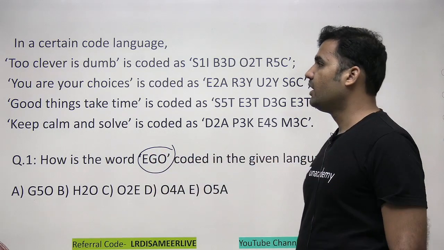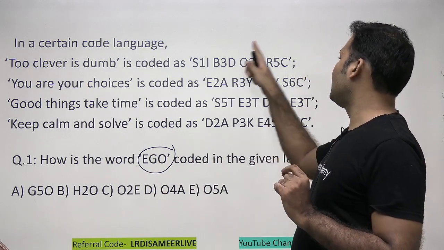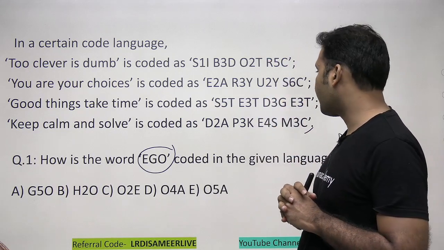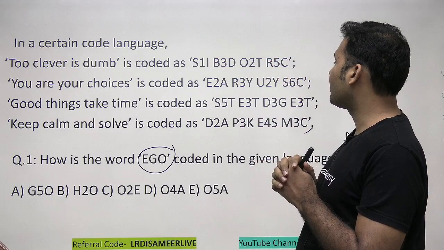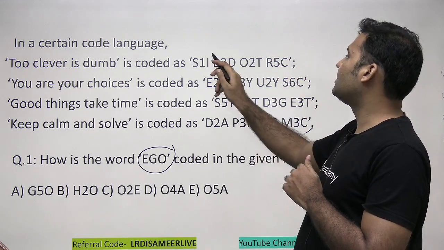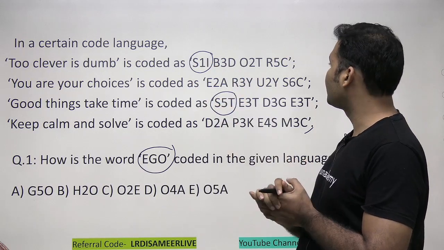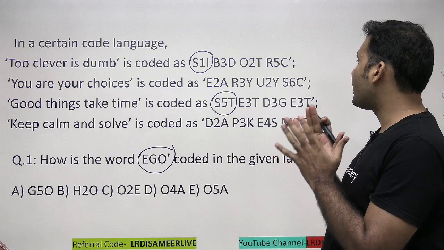All right. So how do you decode it? You always try to see in these codes the common alphabets and the common numbers. Can you find some codes which have common alphabets and common numbers? I can clearly see that both of these 2 codes are starting with S. Look for some more codes which have the same alphabet or numbers.